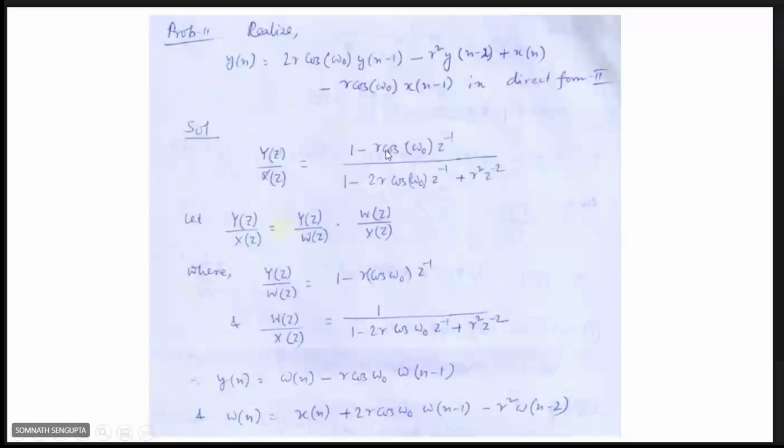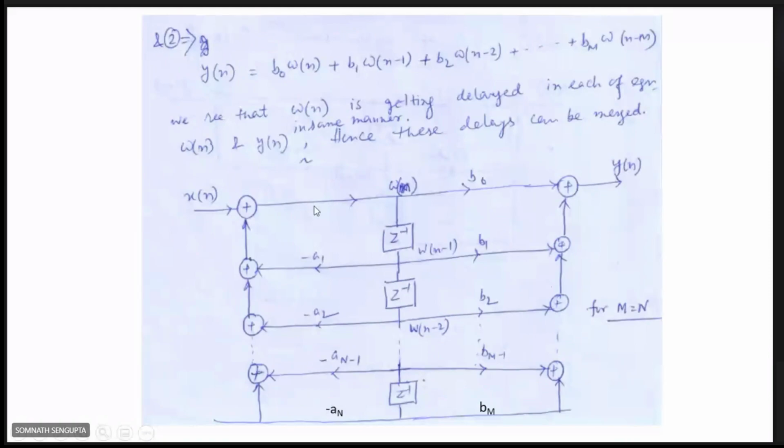And the coefficients on the X(z) side are all the a's. So it is 1, then a1 is minus 2r cos omega 0, okay, a2 is r square. So note down the coefficients. Here it is 1, okay, a0 is 1, so it is not required in the case of input.